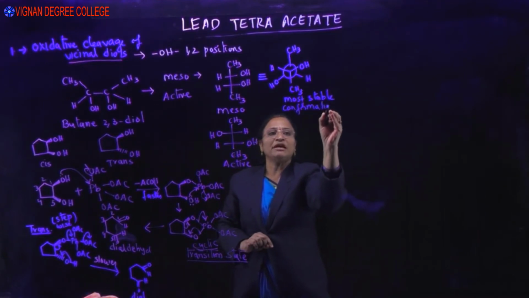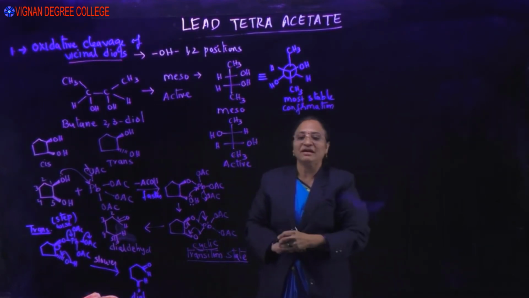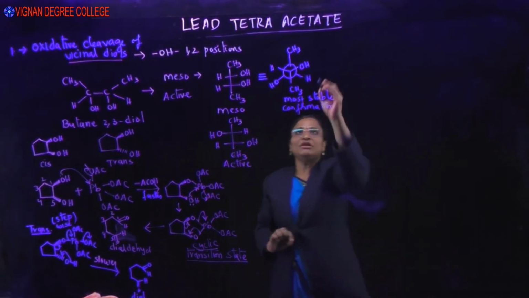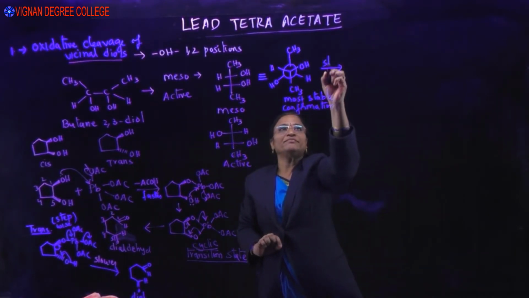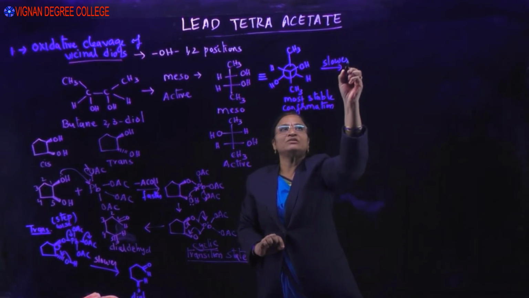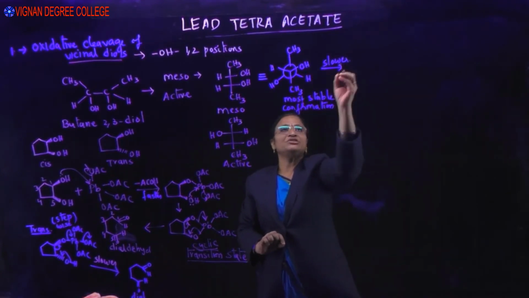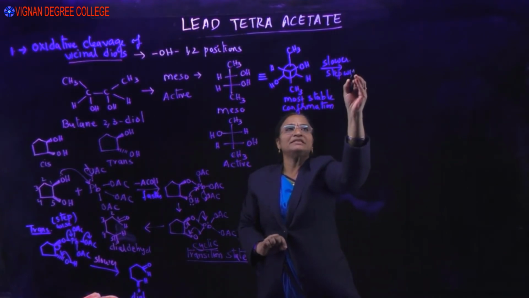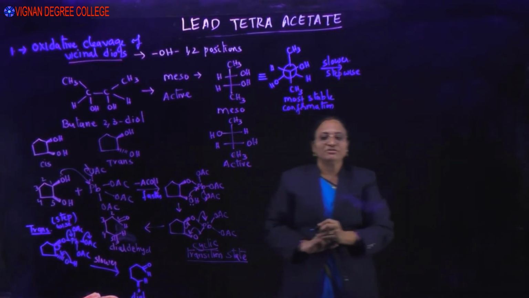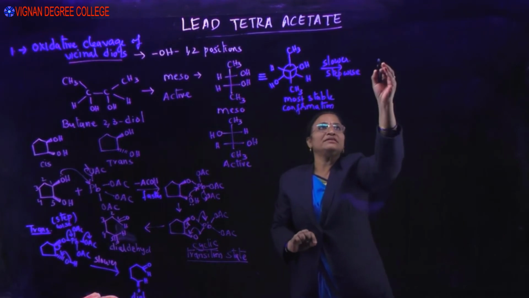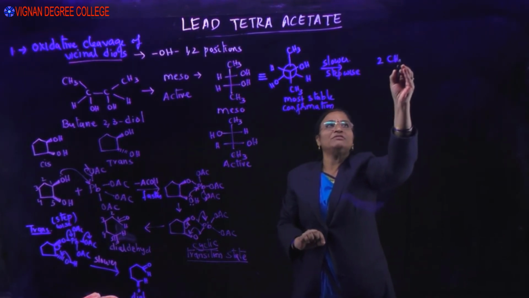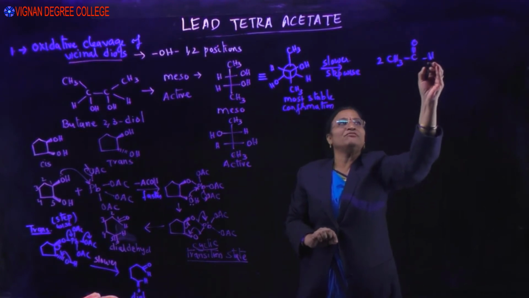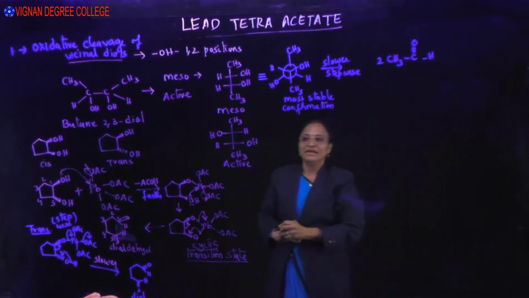The mesodiol will exist in this particular conformation, and the reaction of this diol will occur at a slower rate, because the reaction should take place in a stepwise manner rather than through a cyclic transition state. So it occurs in a stepwise manner, resulting in the formation of two molecules of acetaldehyde.